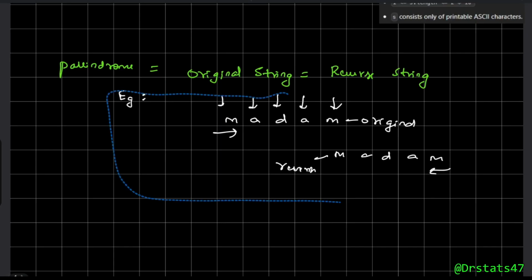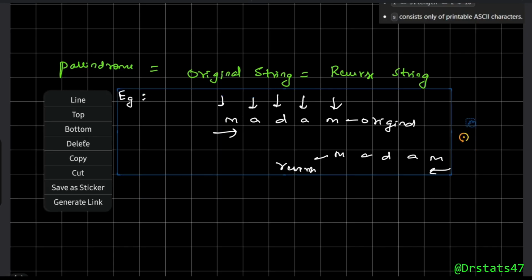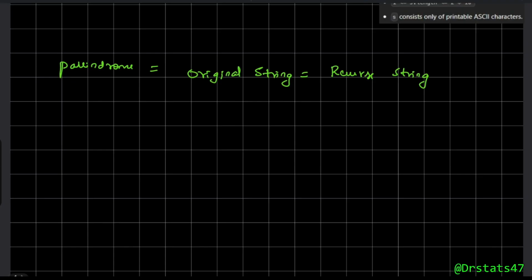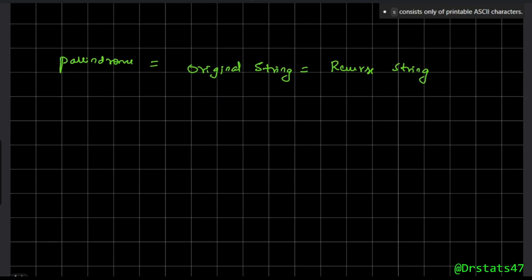The same applies for numbers also. Some palindrome numbers are like 11, or we can have 1551 or 151. In this way the palindrome applies for both strings and numbers. So let us discuss by considering an example.